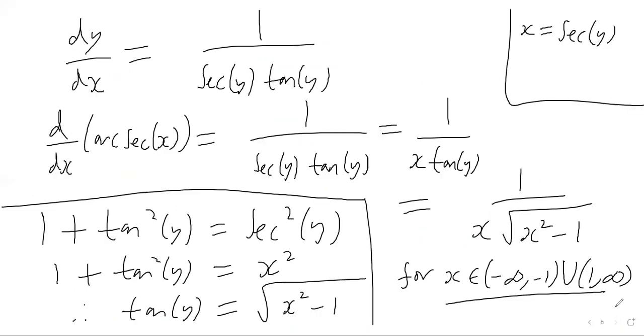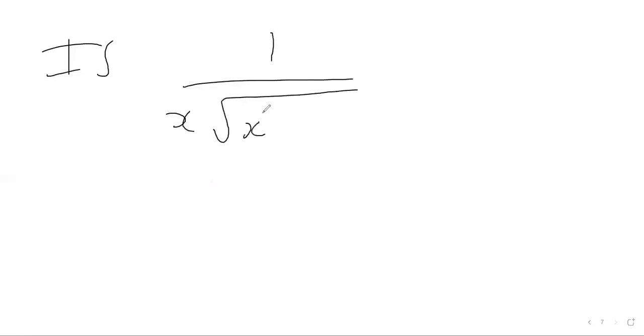So we've got to do some analysis and check, is 1 over x times the square root of x squared minus 1 greater than 0 for all x values in our domain?